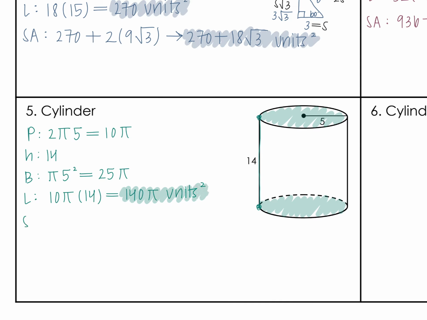Okay, from there we'll have our surface area. It's just going to take that 140 pi plus 2 times my area of the base, that 25 pi. 140 pi plus, here we would get 50 pi, is going to give you 190 pi units squared.